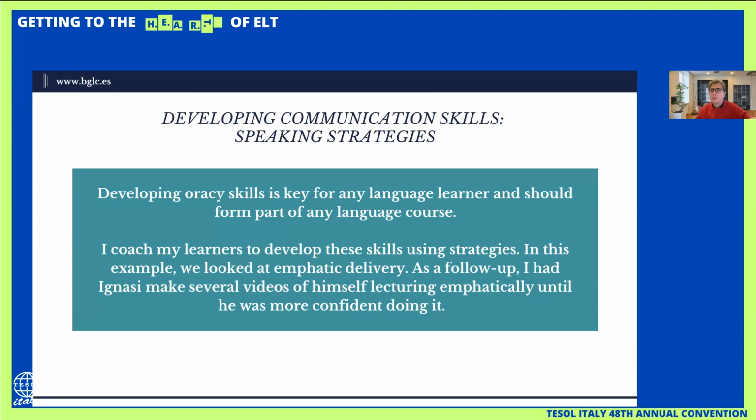In Europe, not so much, in my experience. Something we need to work on as language teachers is oracy skills. I coach my learners to develop these skills using strategies. In this example, we looked at emphatic delivery. That's one strategy. As a follow-up, I had Ignazi make several videos of himself lecturing emphatically until he was more confident doing it. Okay, let's move along.